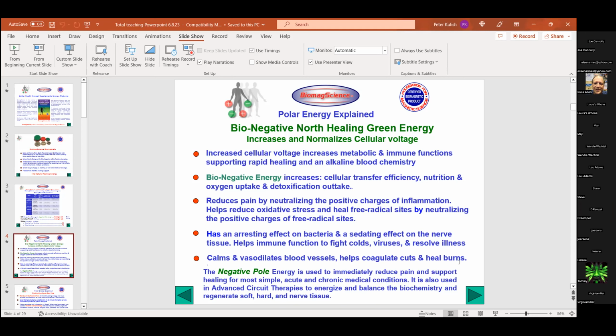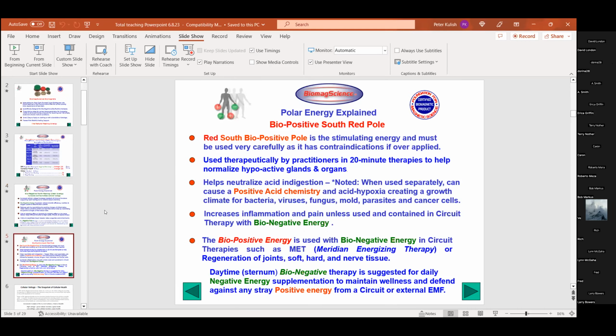And so the bio-negative energy from a magnet is really the energy that the body uses to heal. And of course, depending upon what type of magnet you use, it amplifies that whole healing energy. So, okay, let's move on to the next one here.